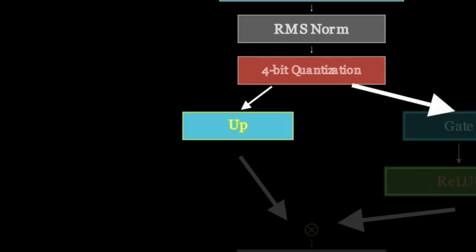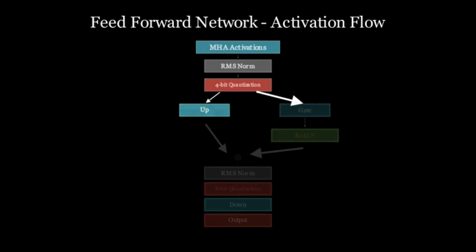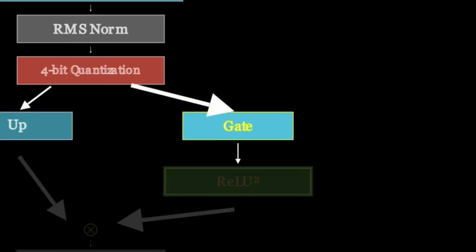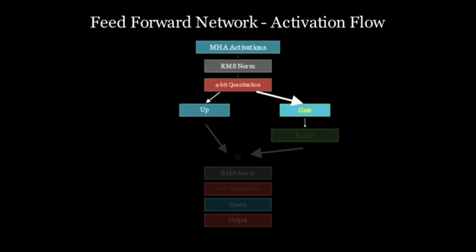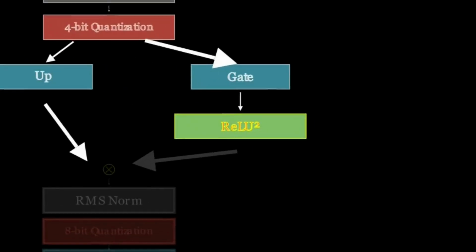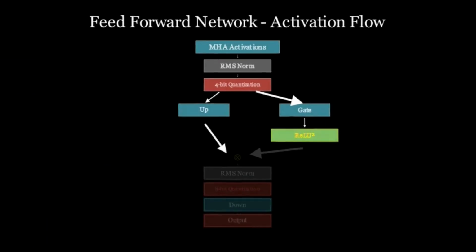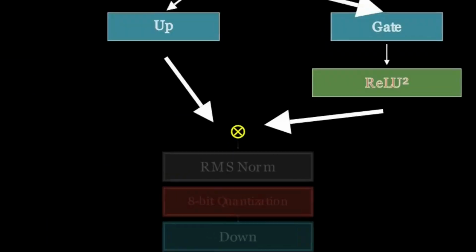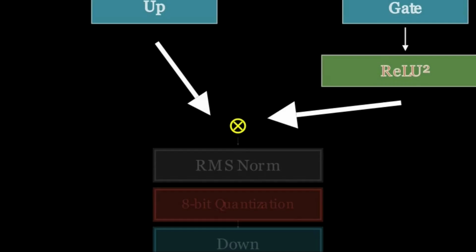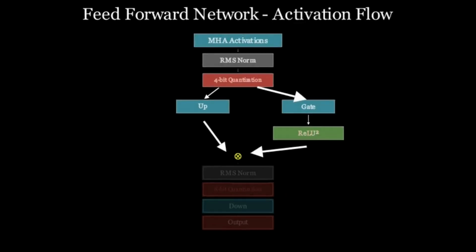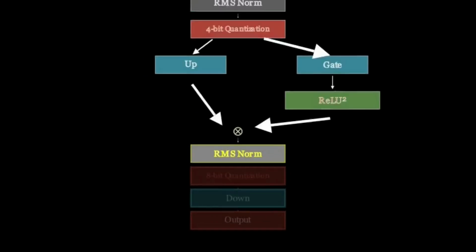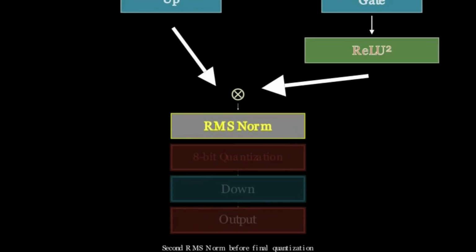The gate projection creates gating values for control of information flow. The output of the gate projection is passed through a ReLU square function, which provides more aggressive sparsification than normal ReLU. Then we do element-wise multiplication of up and gate results. Then there is a second RMS norm before final activation.